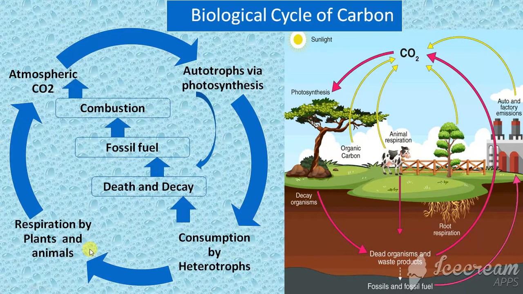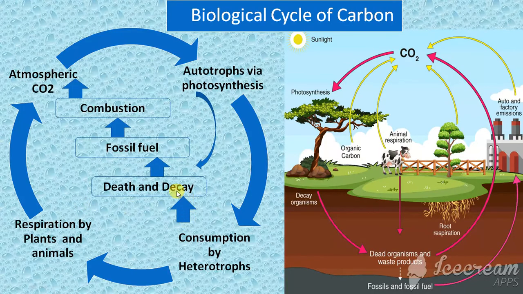This carbon is finally returned to the surrounding medium by the process of respiration. And in respiration, what is the chemical reaction going on? C6H12O6 plus 6O2 gives 6CO2 plus 6H2O with energy.